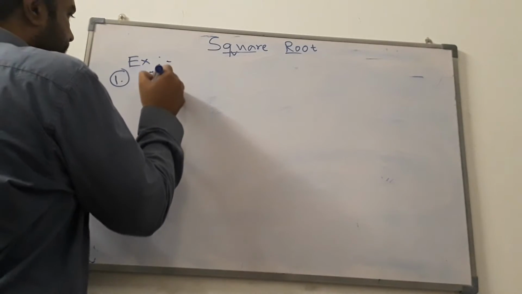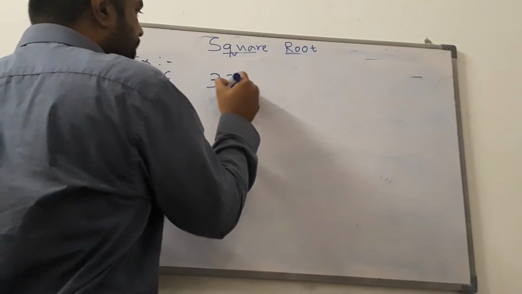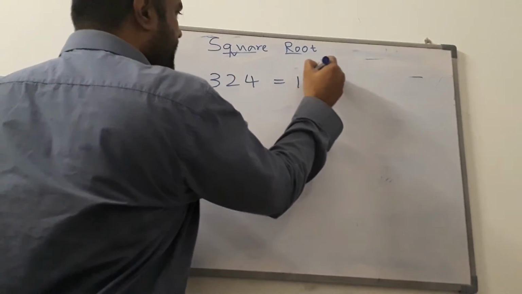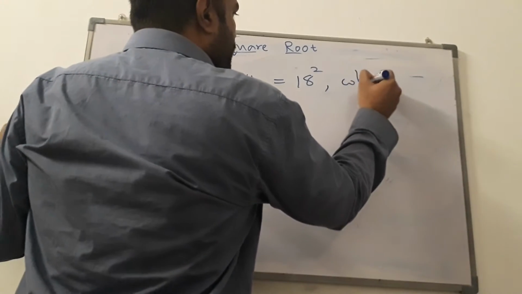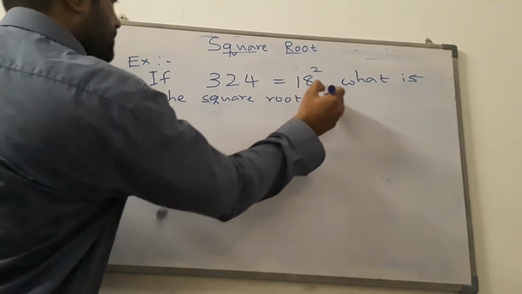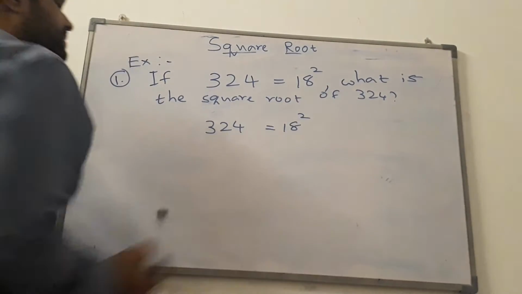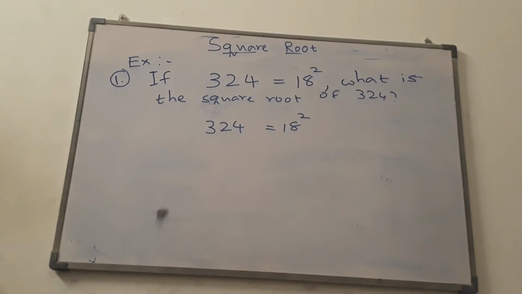Exercises on square root. Our first question is: if 324 is equal to 18 squared, what is the square root of 324? 324 is equal to 18 squared. 18 times 18 is 324.